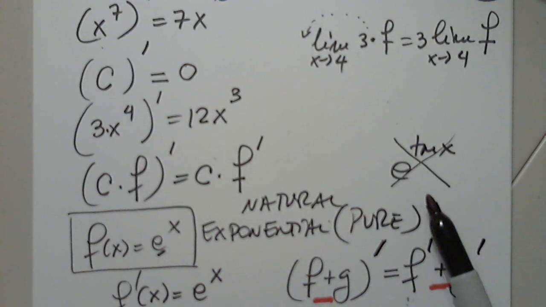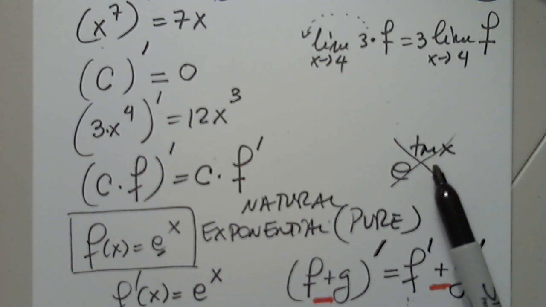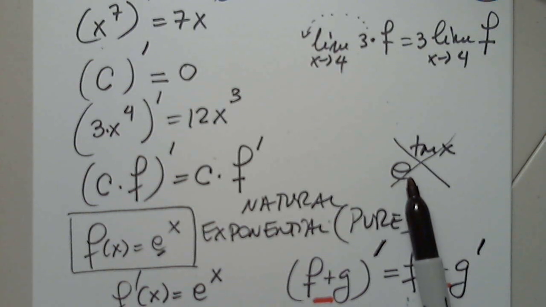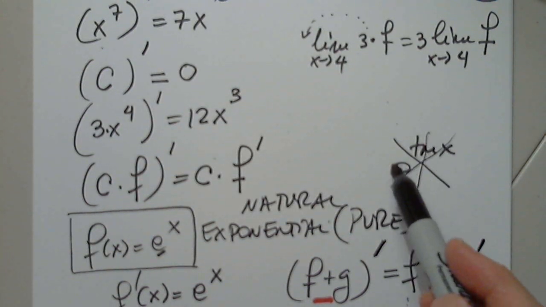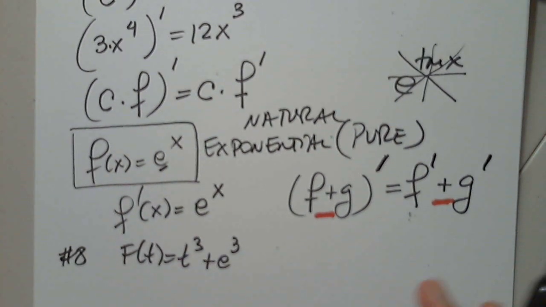This is a combination of a natural exponential function with tangent. But when we talk about the simplest possible natural exponential function, and we differentiate that, then we have e to the x. We are going to learn how to differentiate the other kind later in this chapter. So don't bother with it right now. We're not using this rule. We're using something else. You'll see.